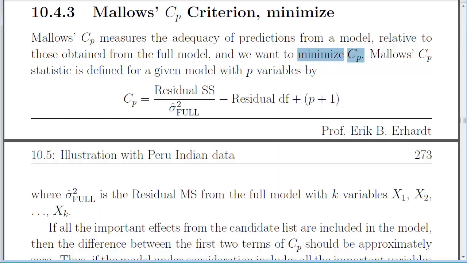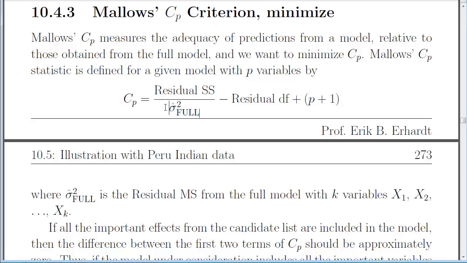So the Mallow CP statistic is defined in this way. So let's talk through each of these terms. Actually, let's start with sigma squared hat full.